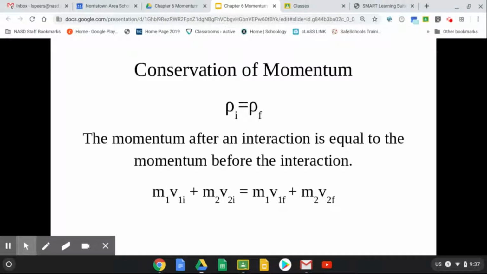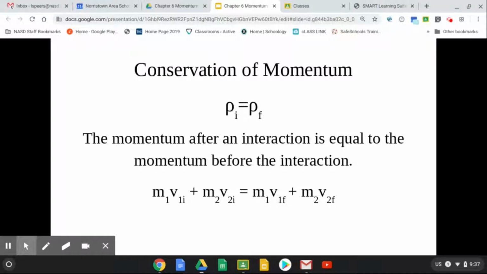So far, all the problems we've been looking at have an initial momentum of 0, where both objects were at rest to start. They interacted, they pushed against each other, and one went in one direction, the other in the other direction. One had a positive momentum, one had a negative momentum, so the total momentum remained 0.